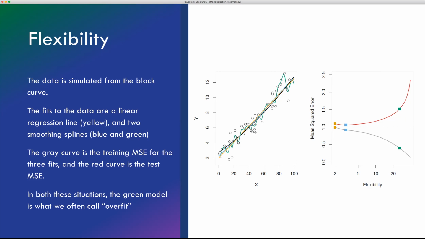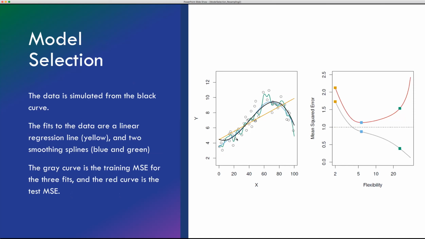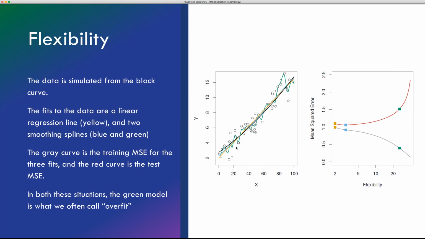For this example and this one, it is clear that this green model is way too close tracking the data. You can notice the training mean squared error is really low, but its testing mean squared error is actually very high.